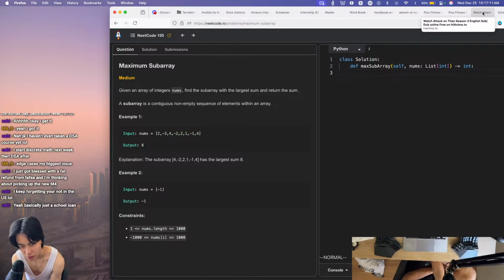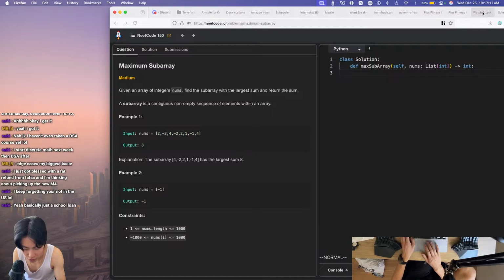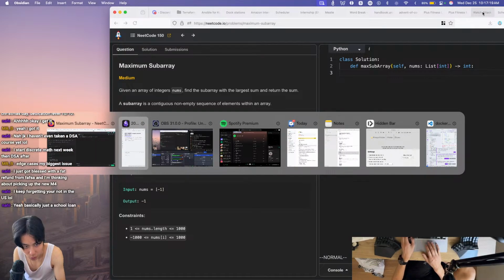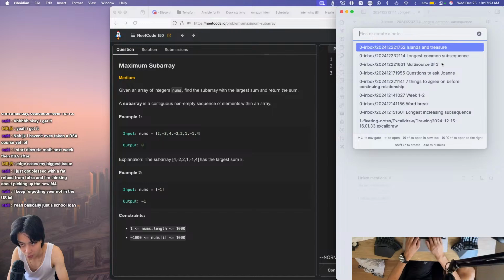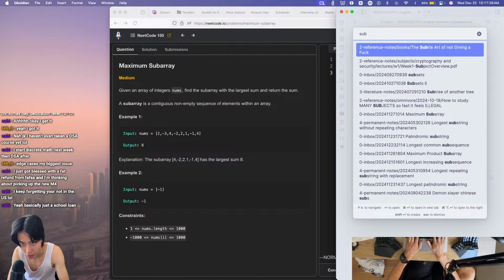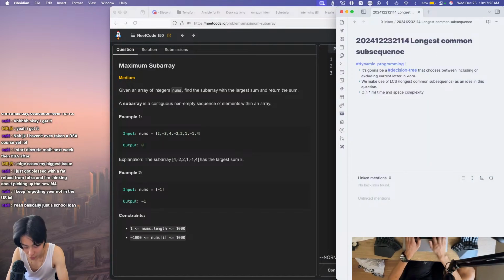Why does it feel like I've done this problem before? There was something about subarrays that I've done. Let me quickly check that. I should try and find it. Subarray. Oh, I should say bottom up dynamic programming. Let me look now at subarray.